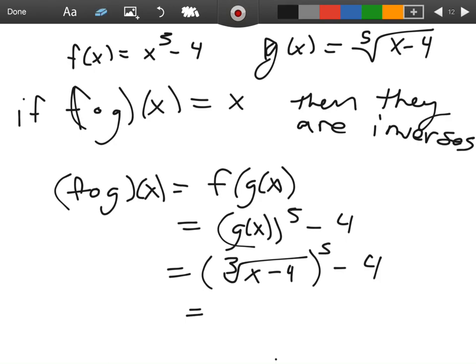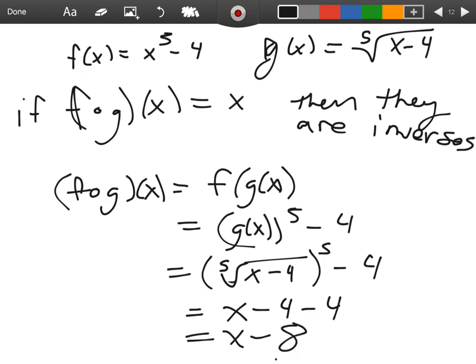I wrote cubed, it should be fifth. So they undo each other to get x minus 4, which is x minus 8. So here, if it's not x, you can say that they're not inverses. And that's how you can test to see if two functions are inverses of each other. So we'll stop there.